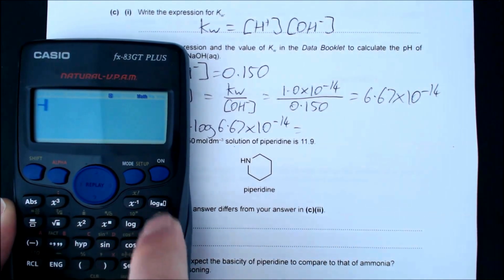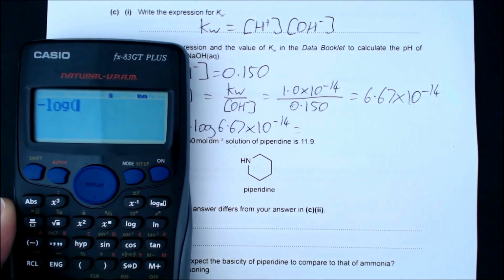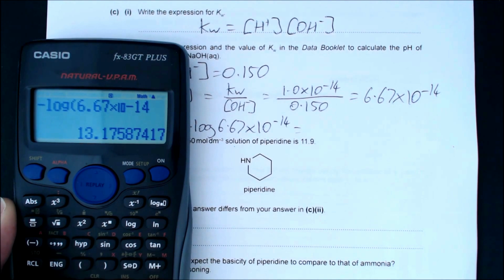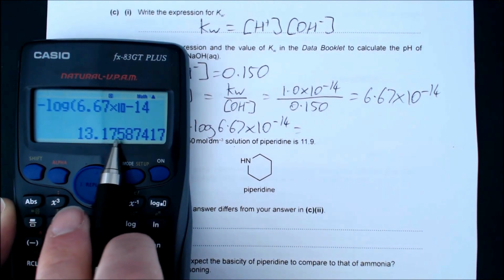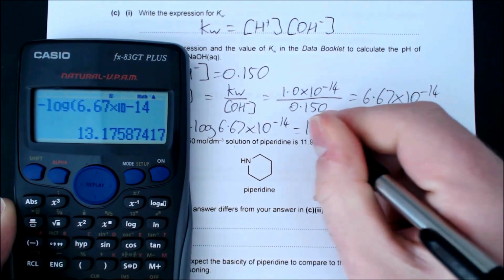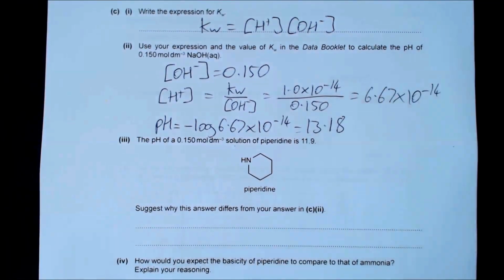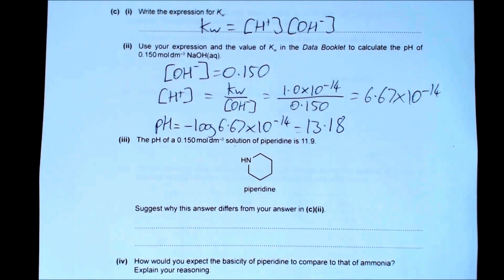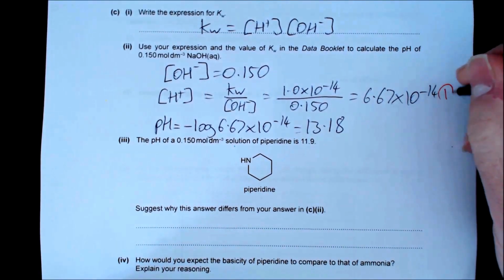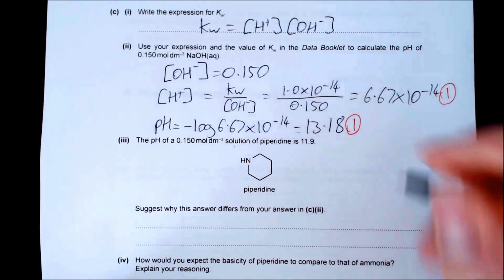So the minus log of 6.67 times 10 to the minus 14. And that gives us a value of 13.18. Let's round that up. There you go. And so you get 2 marks for this. You get 1 mark for working out the concentration of H plus, so being able to rearrange that Kw expression, and then 1 mark for pH as well.